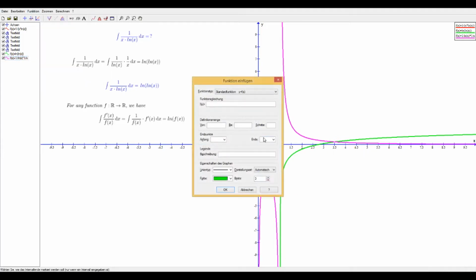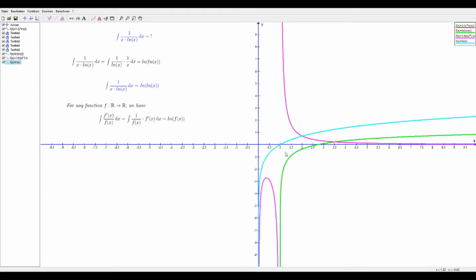Let's just randomly draw the normal ln of x so you can see what I meant. There we go. Ln of 1 is equal to 0, and if you're below 1, then the ln is negative and approaching minus infinity. So that's why you can't plug in values smaller than 1 in ln of ln x, this green thing. And that's it for this video. See you guys in the next one.